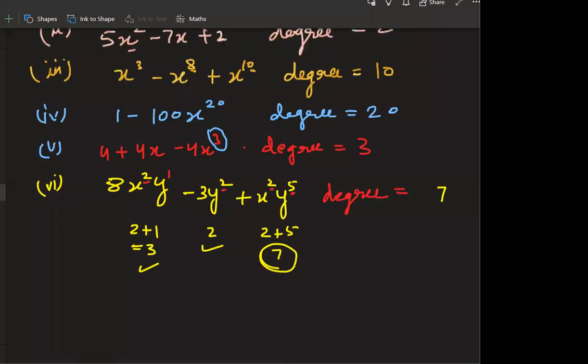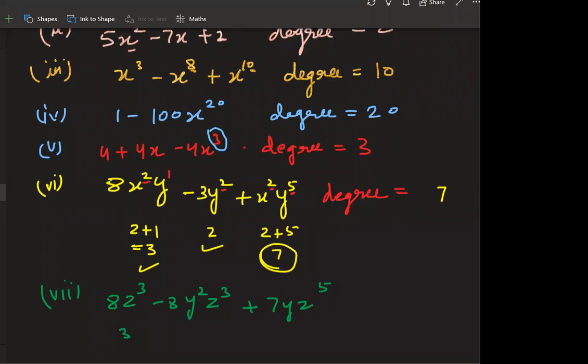Now question 7. 8z cube minus 8y square z cube plus 7yz raised to power 5. So here the degree is 3.